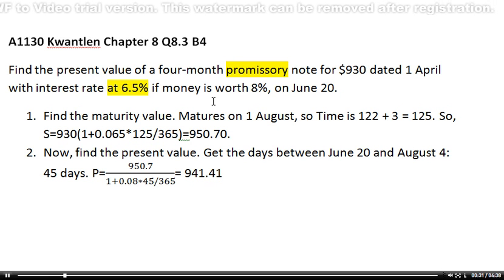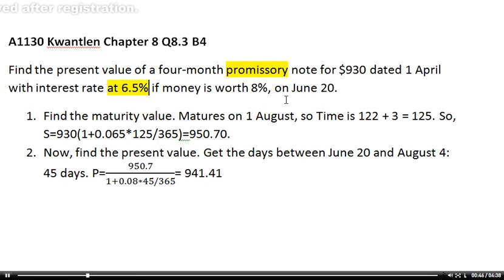Now look at the question. Notice that it falls into two parts. First of all, there's a present value of the note, dated the 1st of April, and then we are asked to find the present value of that same note on June the 20th. Now, clearly, the note will have expired well after June the 20th.